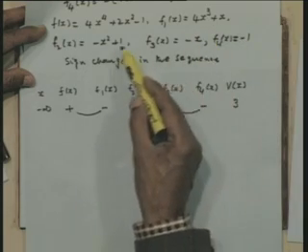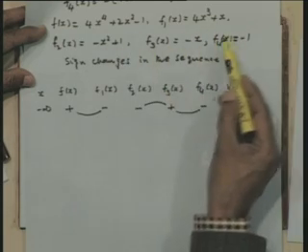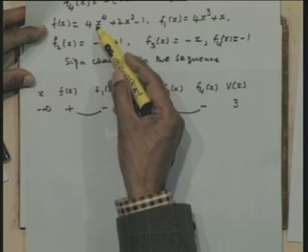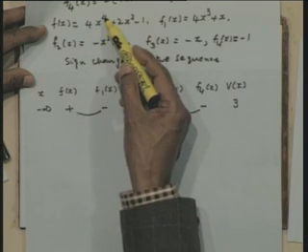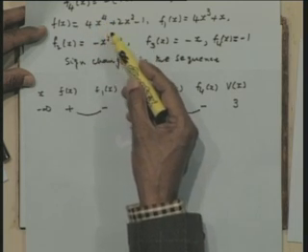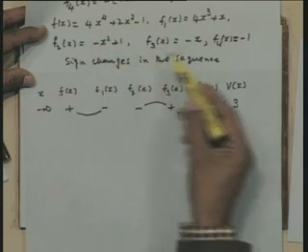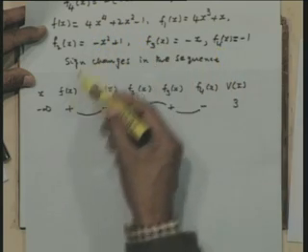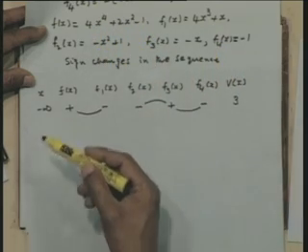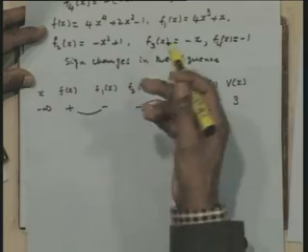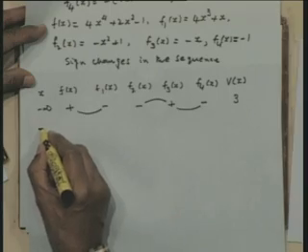So when mod x is greater than 1, the signs of all these are fixed, and in fact for this also it is fixed because this is 4 times x to the power 4, so this is always going to be positive. Therefore when mod x is greater than 1, these signs are almost fixed. So we do not have to see what happens at minus 10, minus 5, minus 3 and so on. We just pick a number of magnitude greater than 1 on the negative side and then study what happens. For example, I can take minus 2.